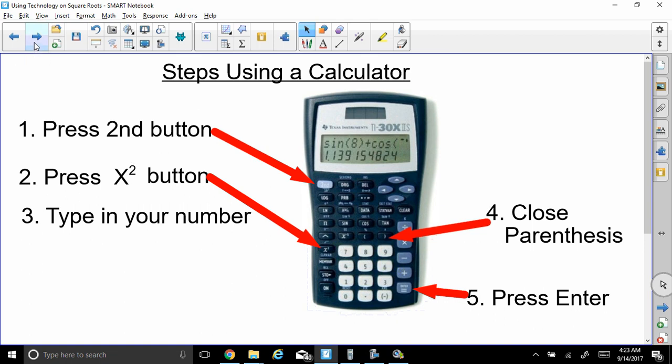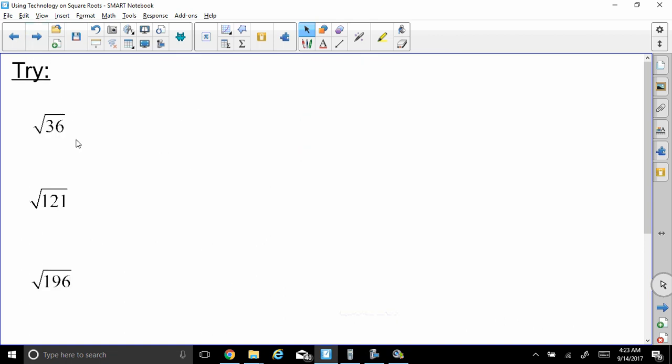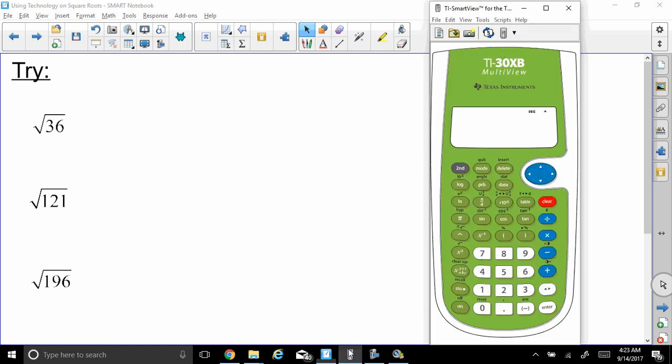So let's practice. Here are some examples. We're going to try to get the square root of these numbers. Let's get our calculator. First one is the square root of 36. The first thing we do is press second, then press the x squared button. Remember, it's located right next to the 7. And that gives us the square root symbol with a little parenthesis.